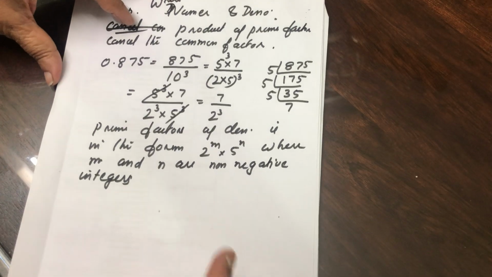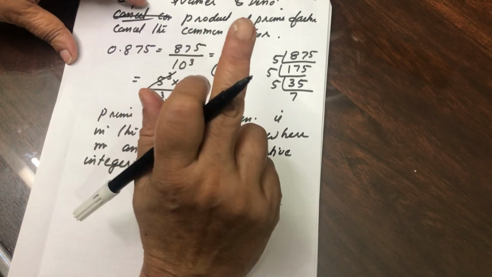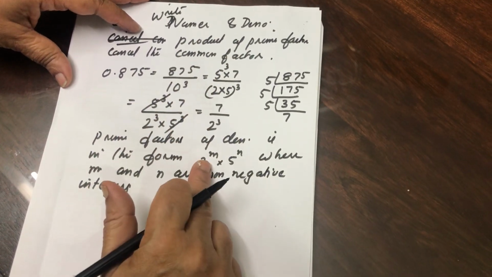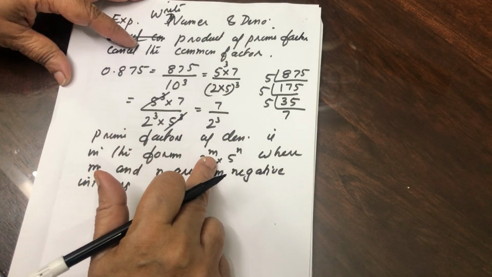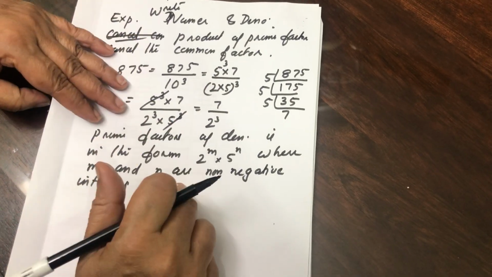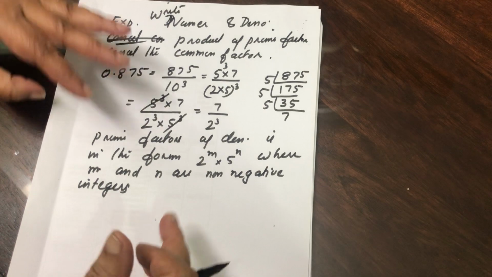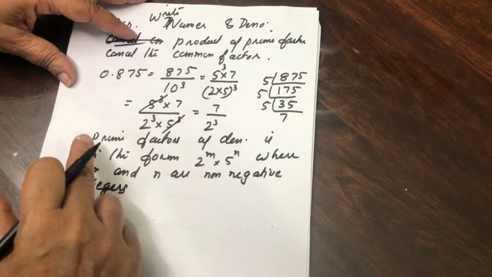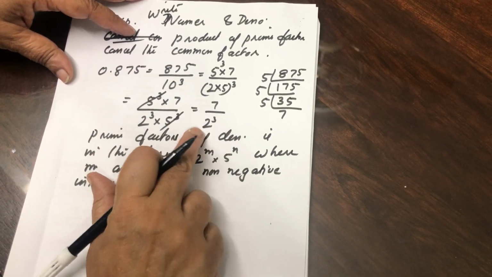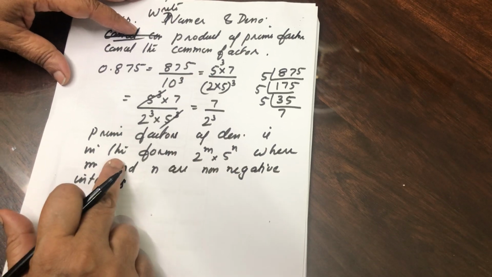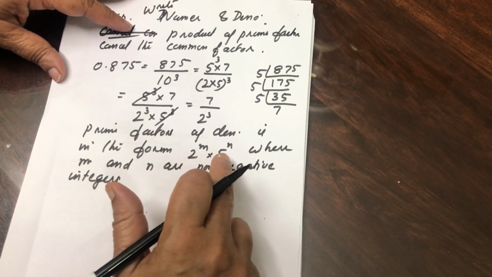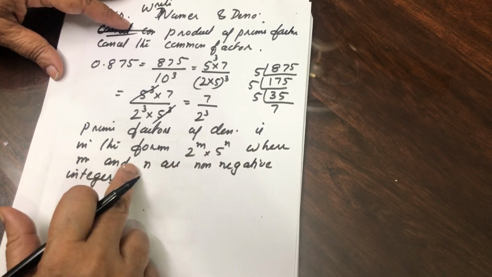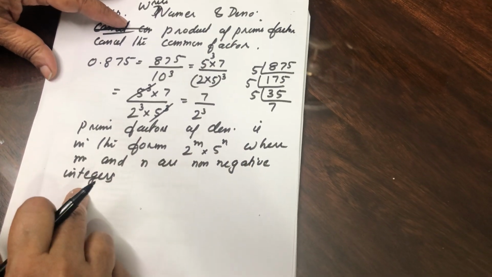So first you have to factorize the numerator and denominator and cancel the common. That means you have to make that rational number in the lowest form and see the denominator. Prime factorization of the denominator is in the form of 2 raised to m into 5 raised to n, where m and n are non-negative integers.